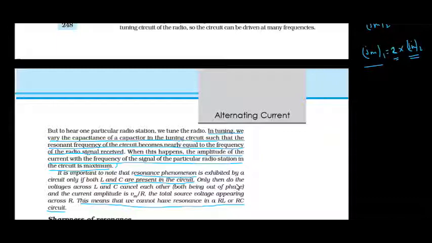Only then do the voltages across L and C cancel each other, and the current amplitude is Vm upon R, the total source voltage appearing across R. This means we cannot have resonance in an LR circuit, neither in an RC circuit.